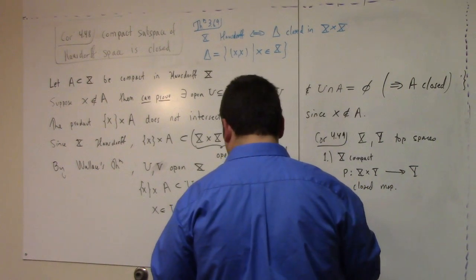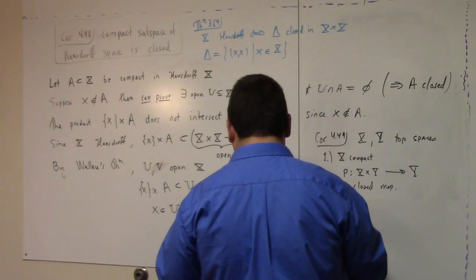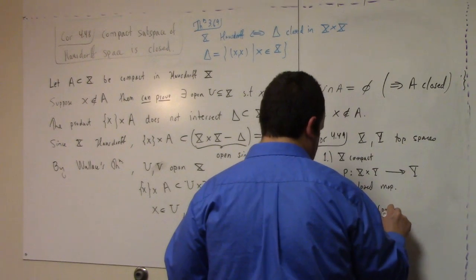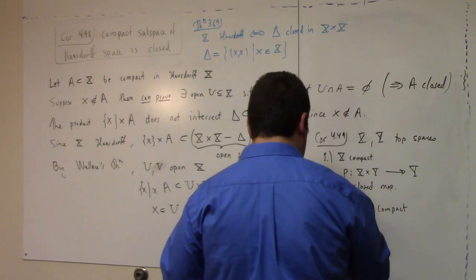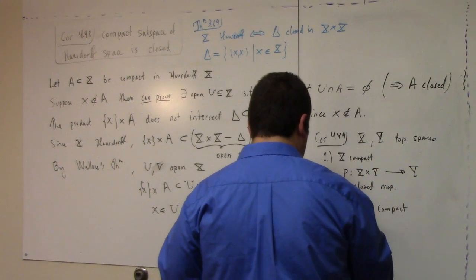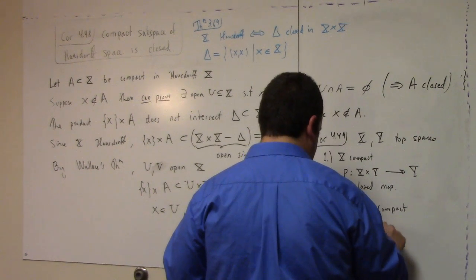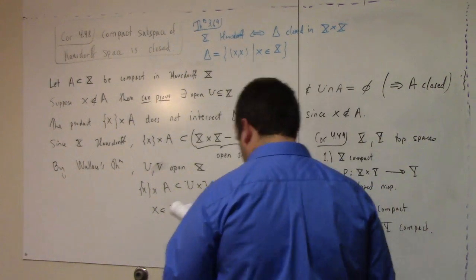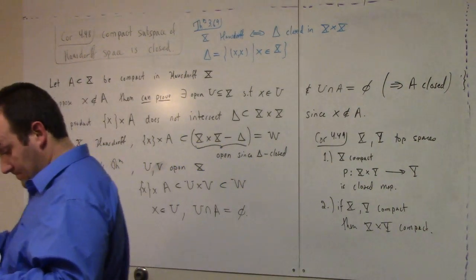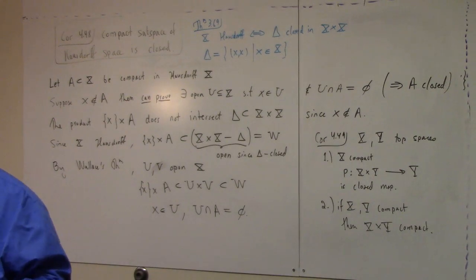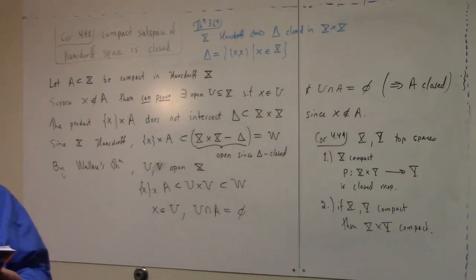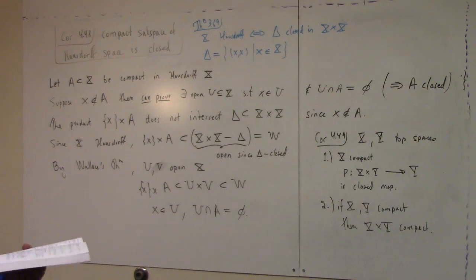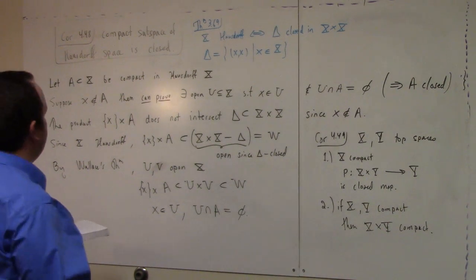And two, if X and Y are compact, then X cross Y is compact. What's a closed map? It maps closed sets to closed sets.